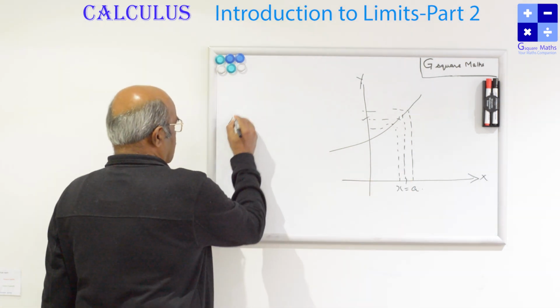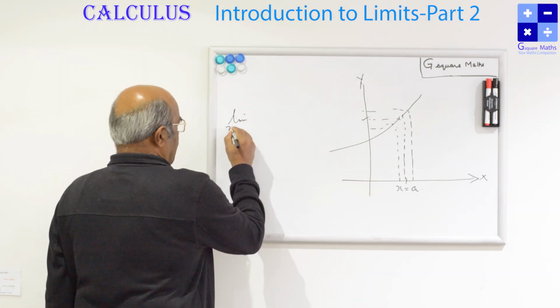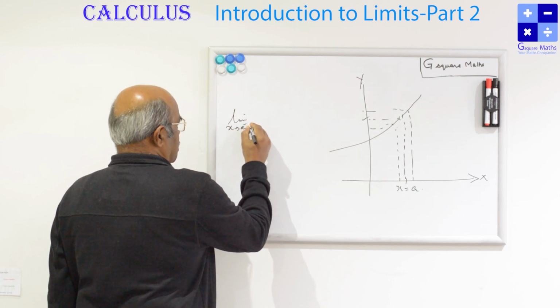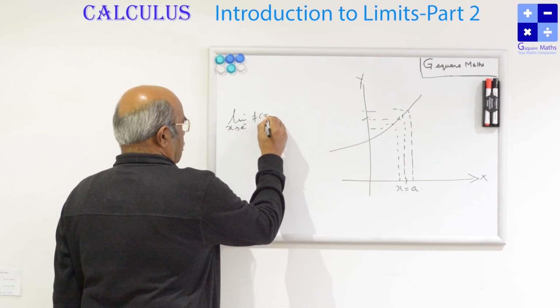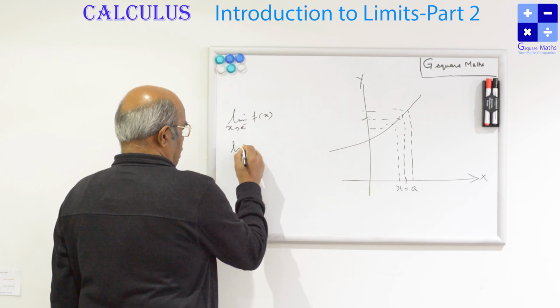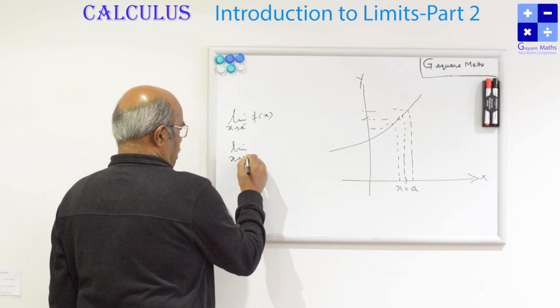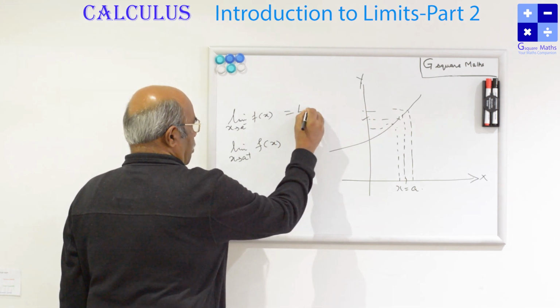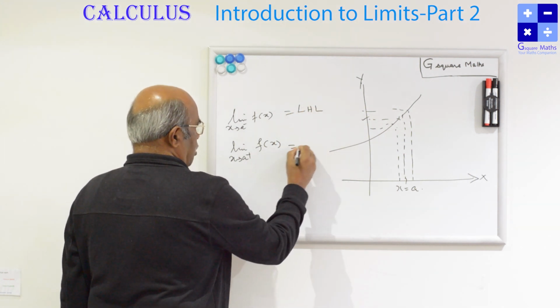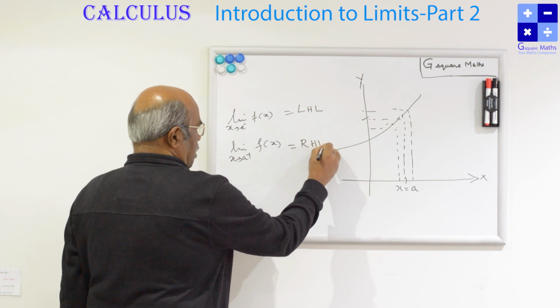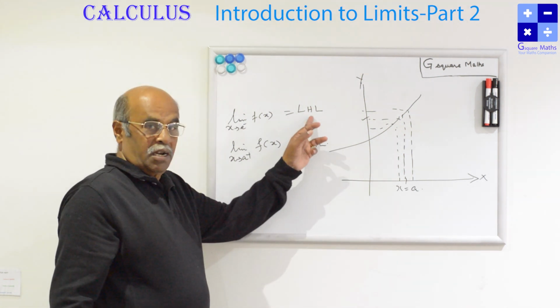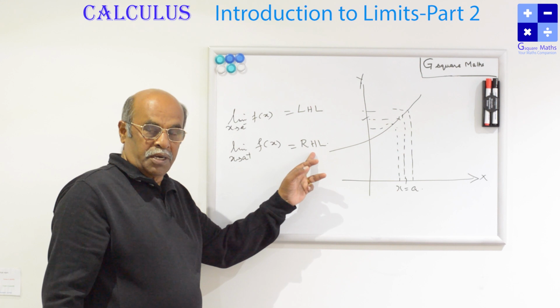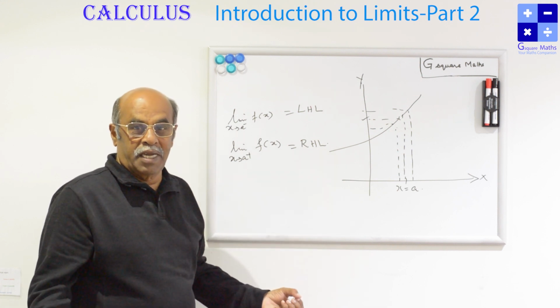So we can write like this: limit x tends to a minus f(x), limit x tends to a plus f(x). This is called the left hand limit, this is called the right hand limit. If the left hand limit is equal to the right hand limit, we say the limit exists.